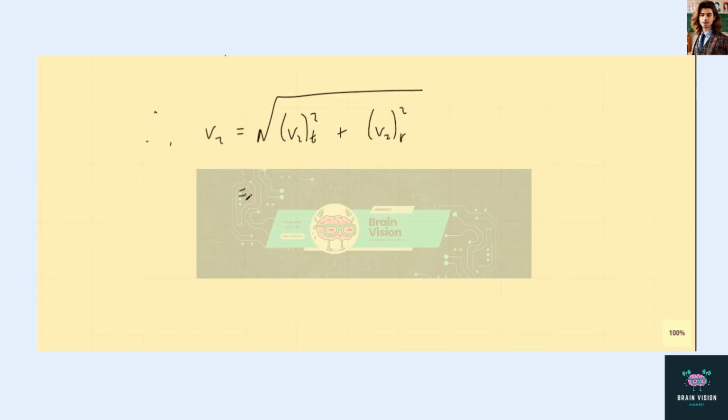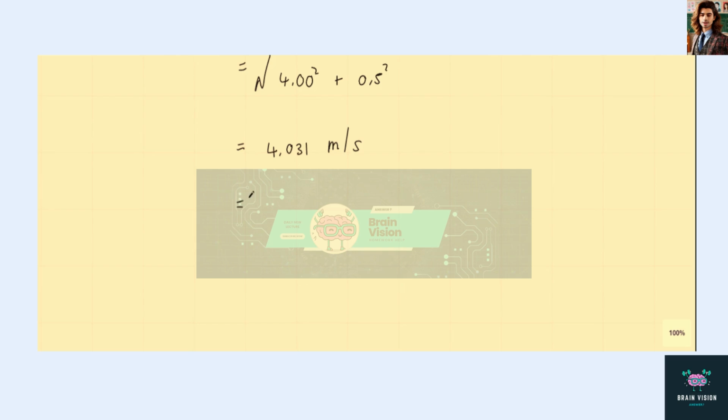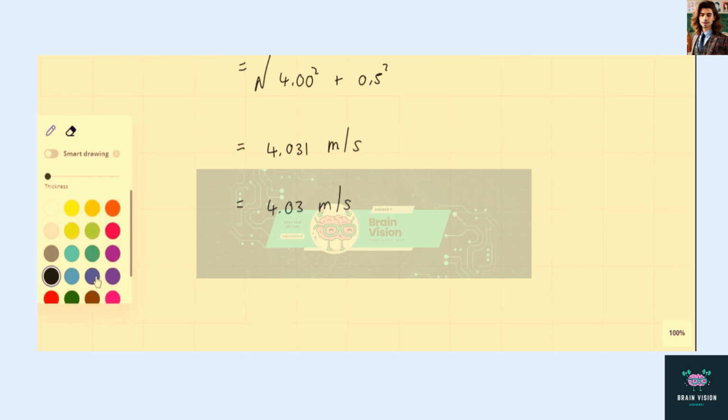And so that's the square root of 4 squared plus 0.5 squared. And so we get the speed of the passenger and ride after 4 seconds to be 4.031 meters per second. Or if we keep our significant figures, that's 4.03 meters per second.